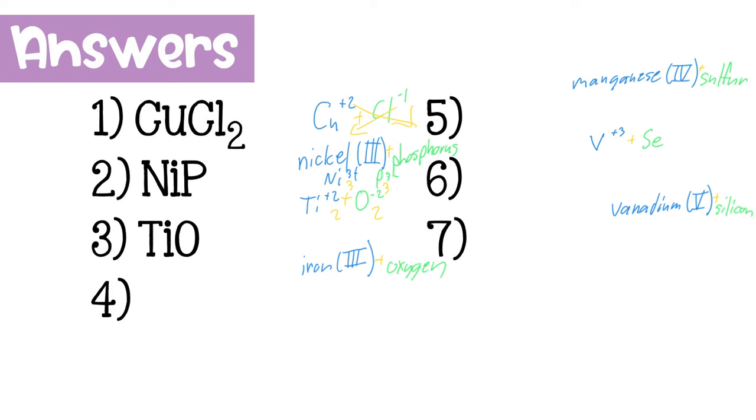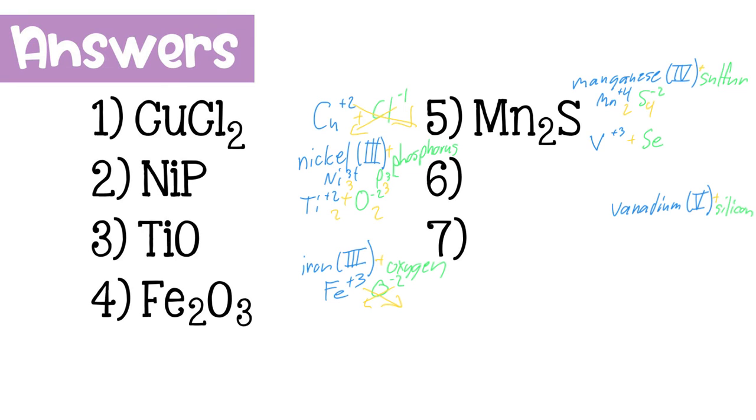Now, number 4 is iron 3 and oxygen. Iron is plus 3, oxygen is -2, so when we crisscross, we get Fe2O3. For number 5, we have manganese 4 and sulfur. Sulfur has a -2 charge, so when we crisscross, we get Mn2S4, which simplifies down to MnS2.